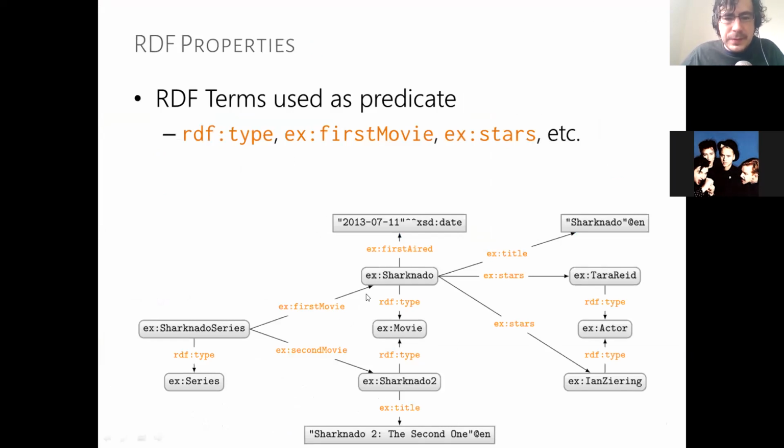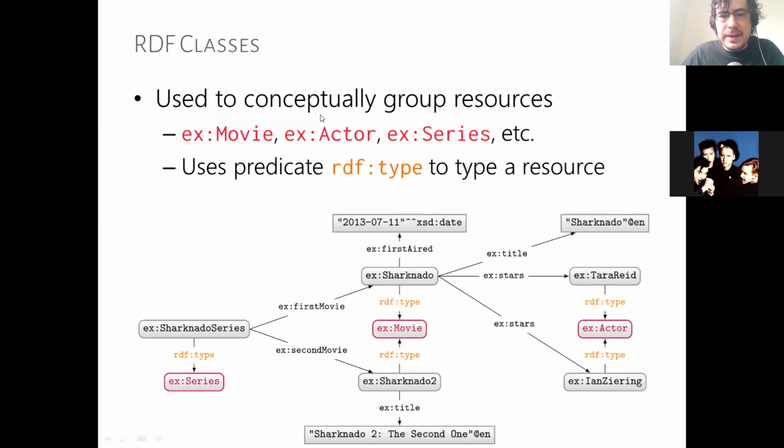In RDF graphs, we often have properties, which are the edge labels effectively, that indicate what kind of relation an edge is denoting. We also have classes that indicate groups of resources, for example, movies or series or actors or people or buildings or proteins or whatever it might be. So we have classes and we connect instances to their classes by this special property, rdf:type, defined by the RDF standard.